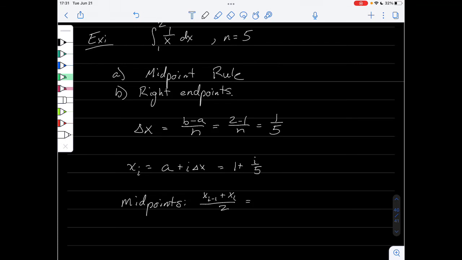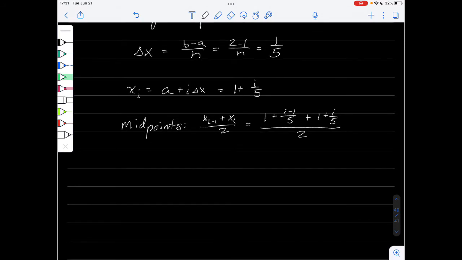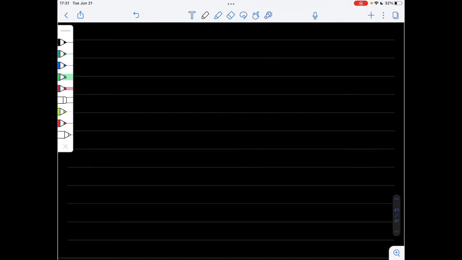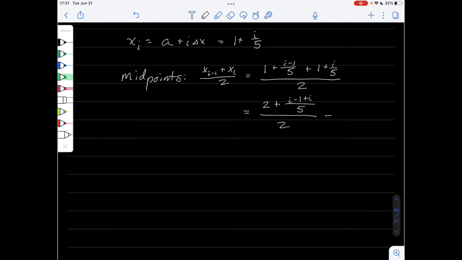So this is going to be 1 plus I minus 1 over 5 plus 1 plus I over 5 all over 2. And we can clean that up to be 2 plus I minus 1 plus I over 5 all over 2, which is going to reduce down to 1 plus 2I minus 1 over 10.